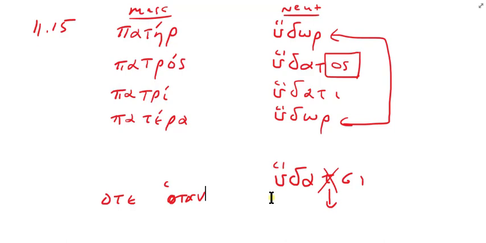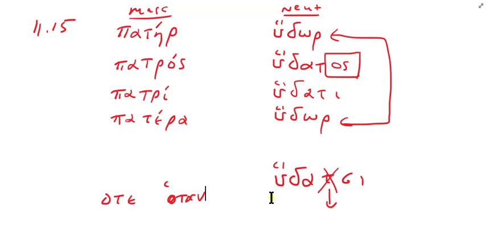Okay, next we have kalos. Kalos, kale, kalon. What kind of a word is this? What part of speech is it? It's a pretty one, huh? No. What part of speech is it? It's an adjective. That's right. And adjectives have multiple genders, right? Nouns have how many genders? One. I mean, a specific noun has only one gender.